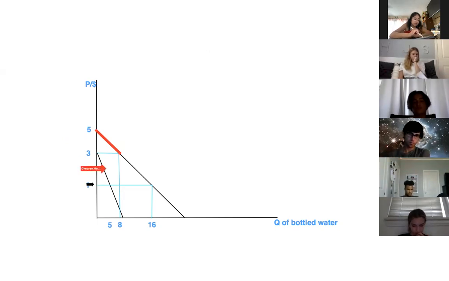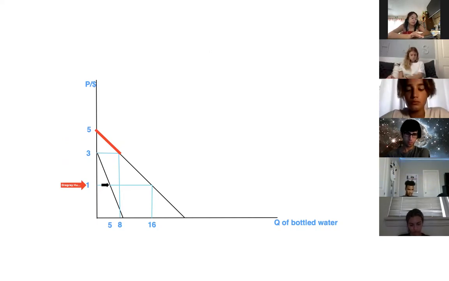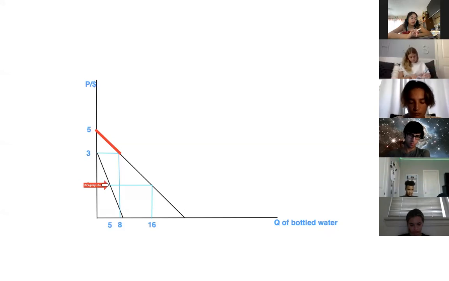And then we add the quantities, and this is why the case of the $1 price is a good example for us, because we'll say at a price of $1, we get 5 units from the first consumer, plus at $1, the second consumer demands 16.